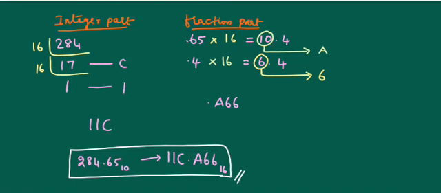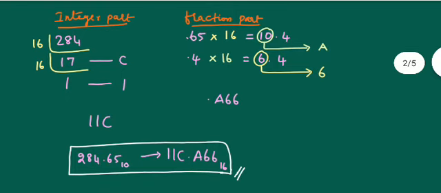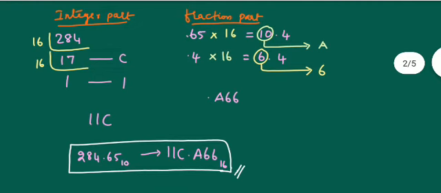So 284 I am going to divide by 16, and 0.65 I am going to multiply with 16. This we already know. Generally, if the question comes from decimal to any other number system, then the method is: integer part is divided by the base value and fraction part is multiplied by the base value.